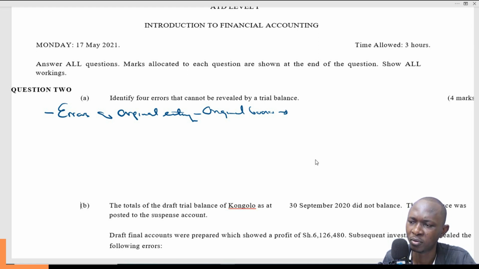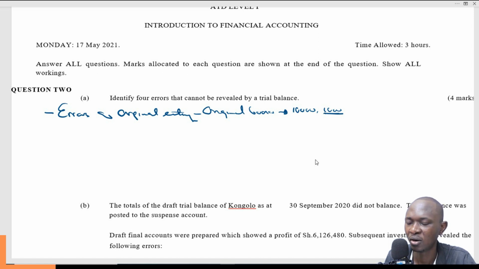Give me an example, possibly in the receipt book, or rather let's talk of sales. Instead of posting 10,000 shillings, you posted 1,000 shillings, so that when subjecting this to further treatment, you will be using 1,000 instead of 10,000.